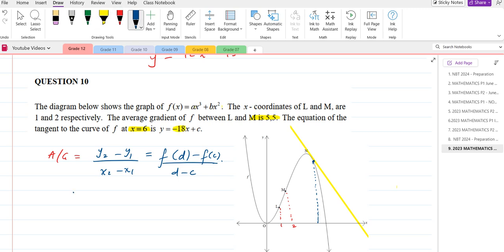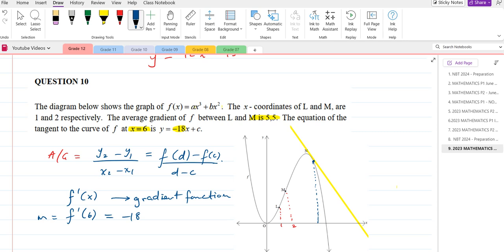So we know that f prime x is a gradient function, right? So now if I find the derivative, m is equal to f prime 6, and f prime 6 is going to give me negative 18. That's what I know so far from this information.